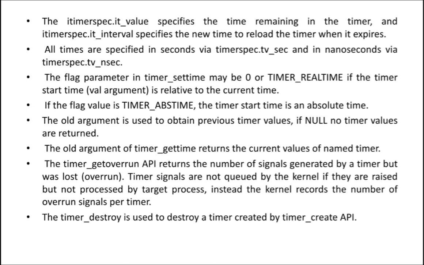Real time means mainly to set the real time timer. You know that real time clock, right? If the timer start time is relative to the current time, hope you are understanding, right? And if the flag value is timer absolute time, the timer start time is absolute time. Earlier in this video I explained about relative time and absolute time, right? So to tell whether your time is fixed, you can use this one.